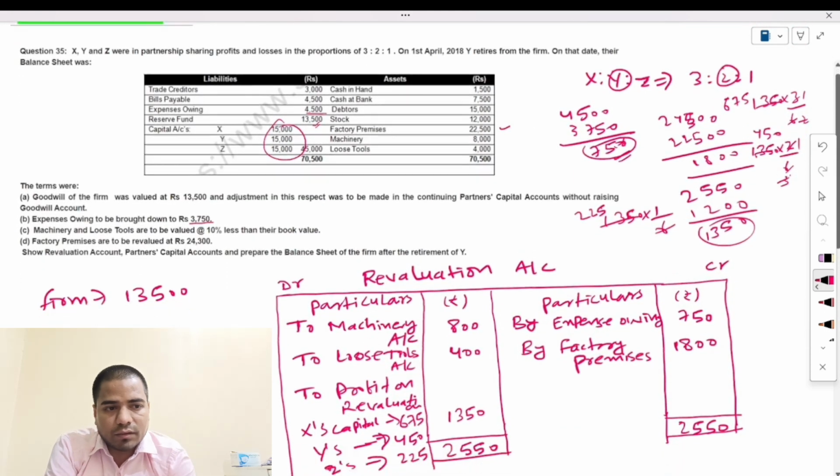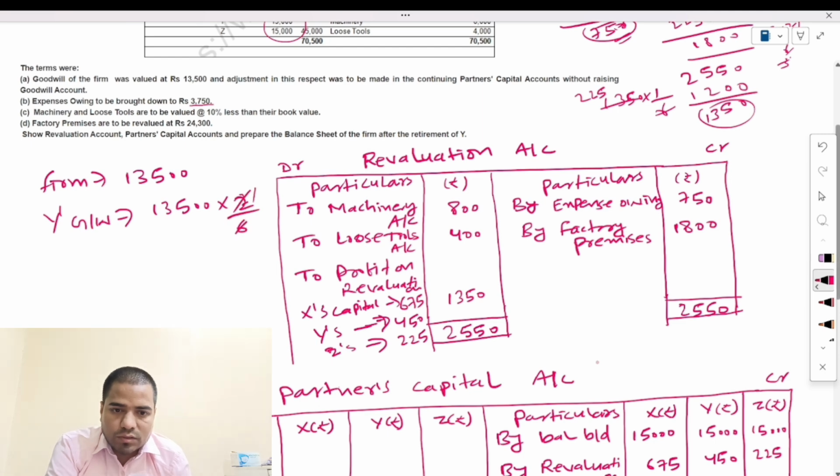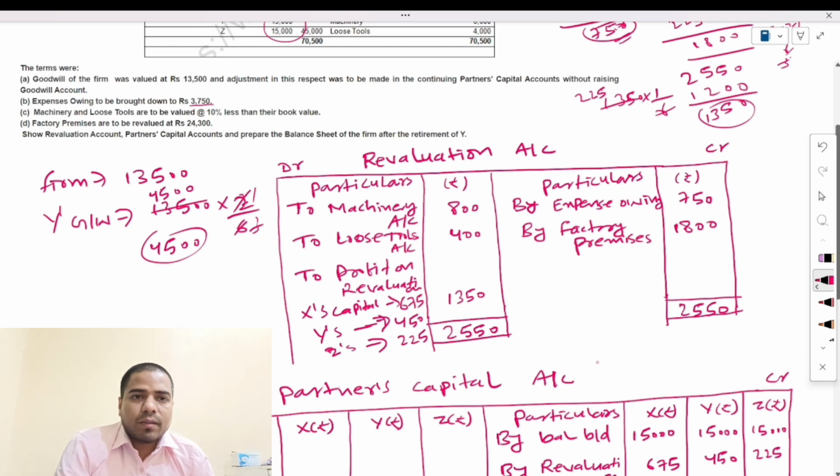Y is retiring here, and the Y share is Y's goodwill. We have to calculate 13,500 divided by 3, which gives 4,500 as Y's share of goodwill.